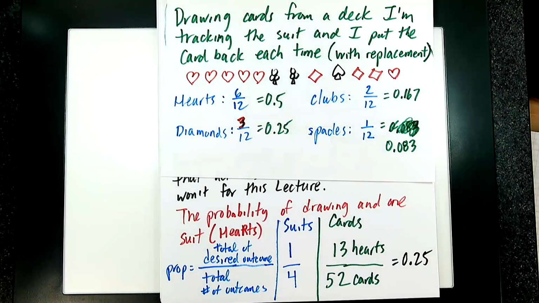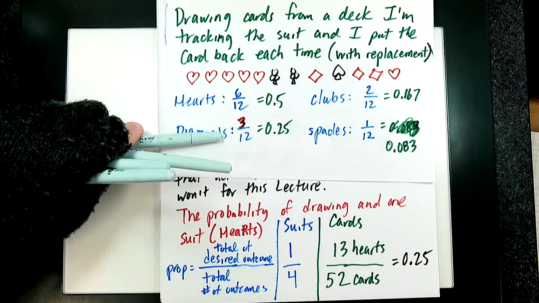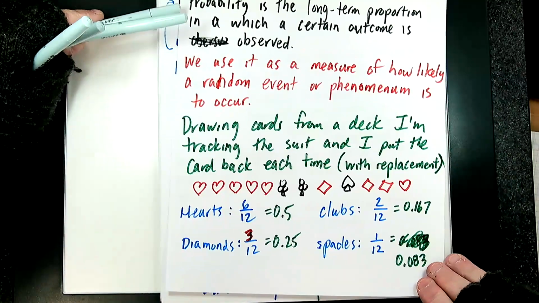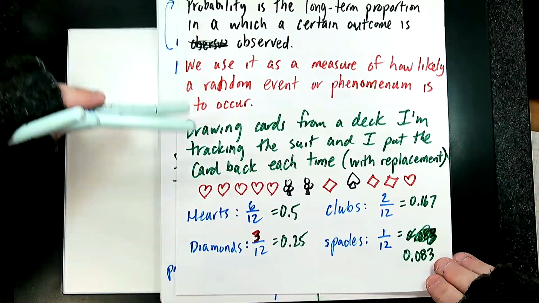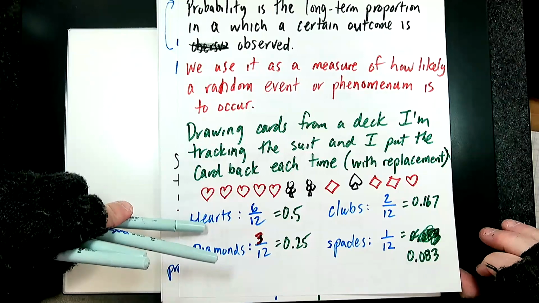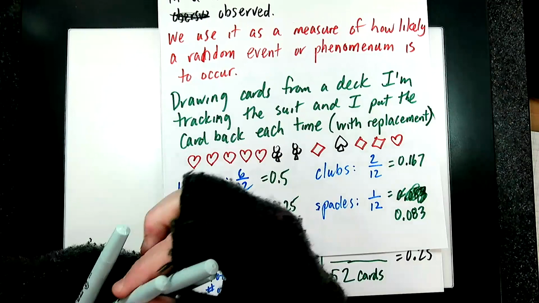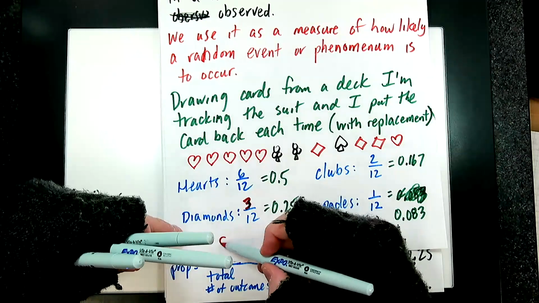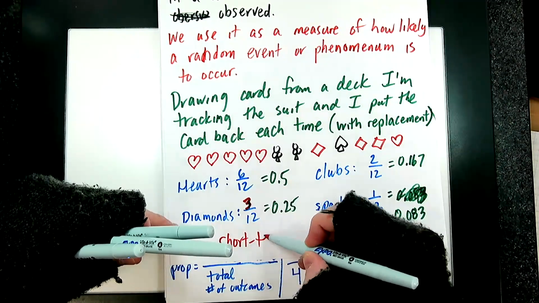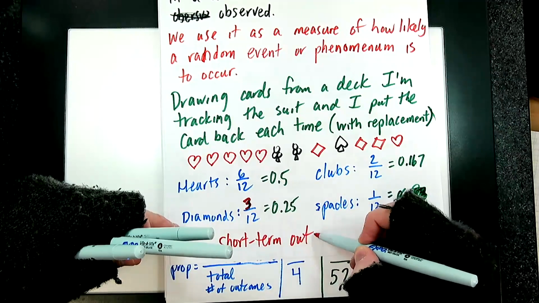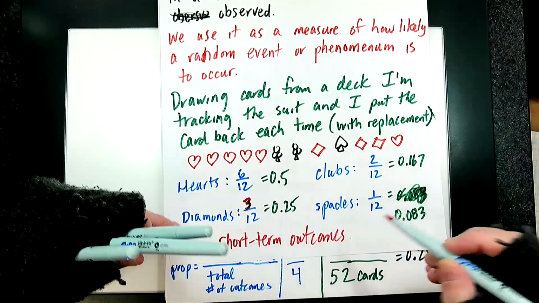Okay, so these are short-term proportions. We said probability is the long-term. We haven't done this enough. So this is the short-term outcomes. Okay?